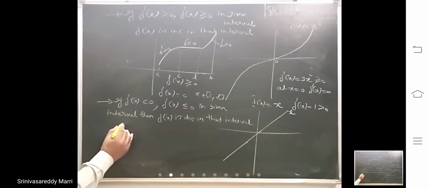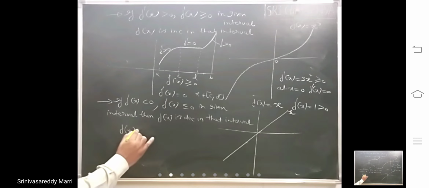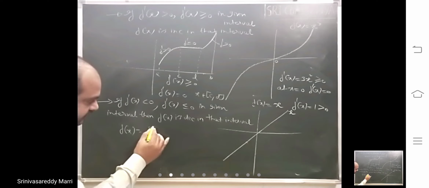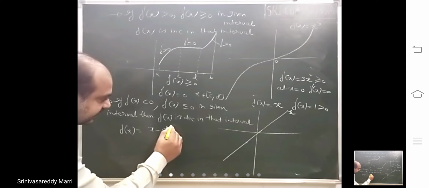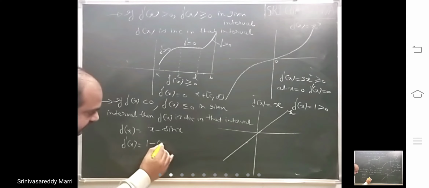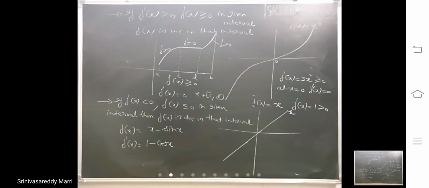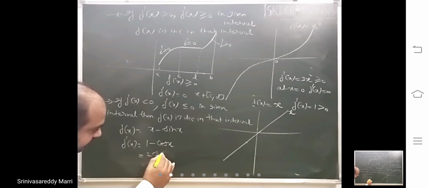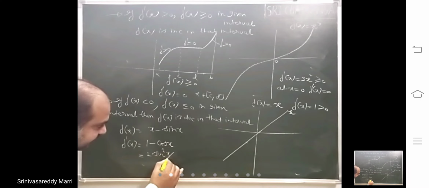Suppose we take an example. Take f of x equals x minus sin x. Suppose you have to check whether it is increasing or decreasing. So I am finding f dash x equals 1 minus cos x. 1 minus cos x means 2 sine square x by 2.